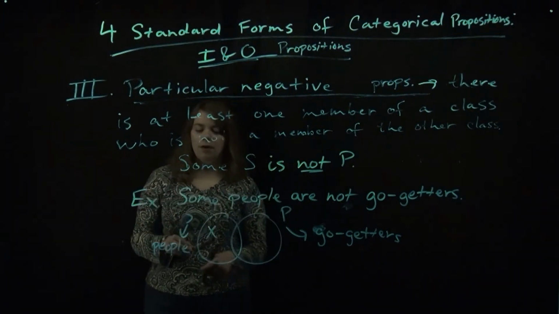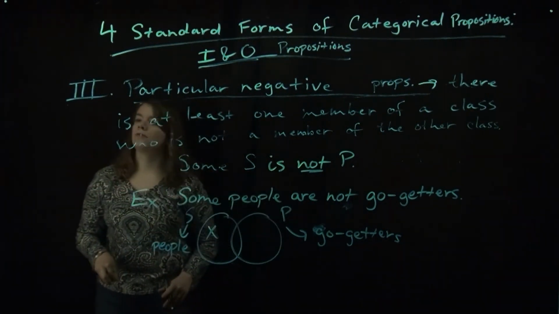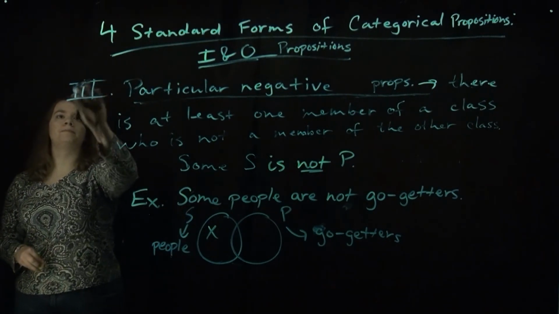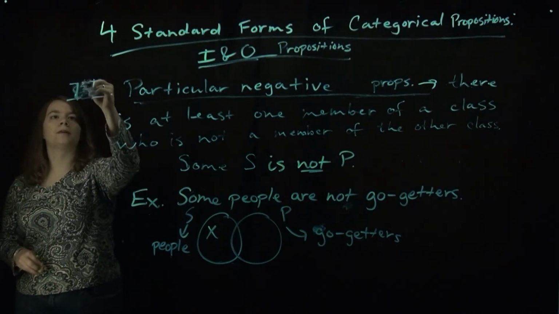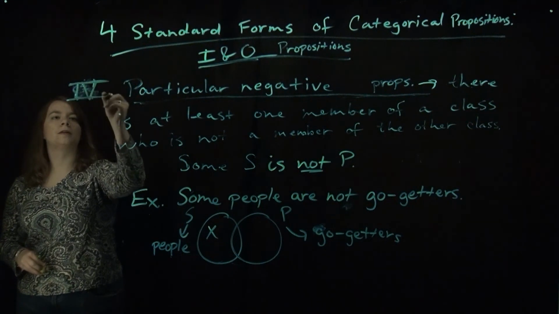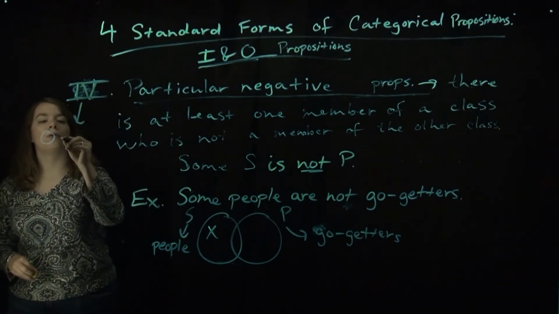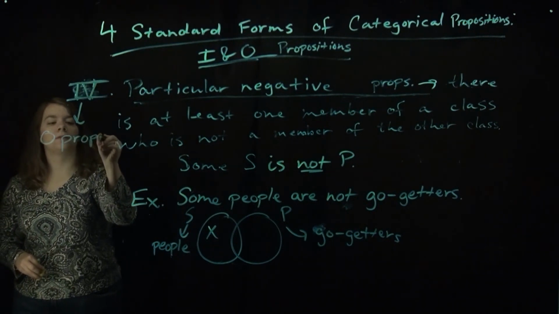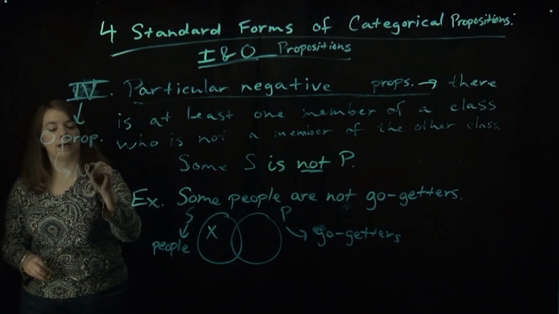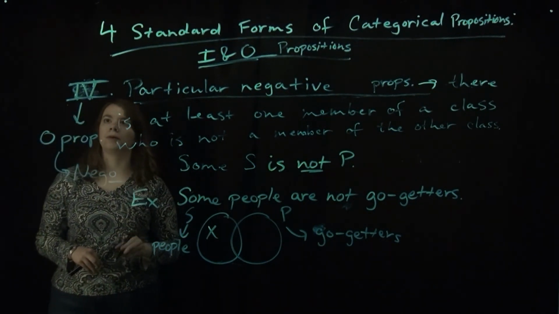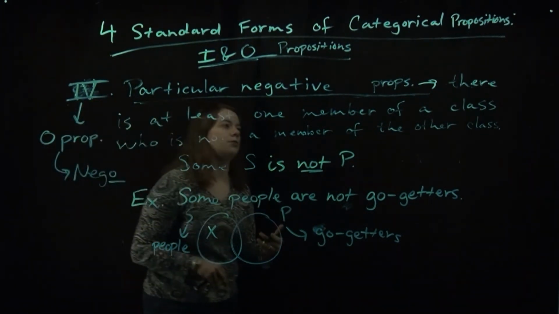And that's our symbolization for that via the Venn diagram. So this final form of proposition is known as the O proposition. Again, from the Latin, you go with that O being the mnemonic device used to remember that.